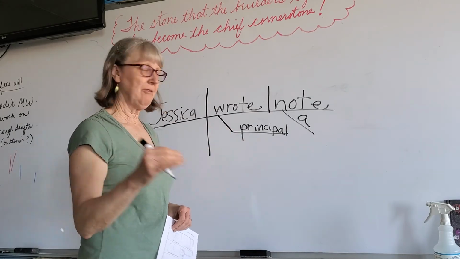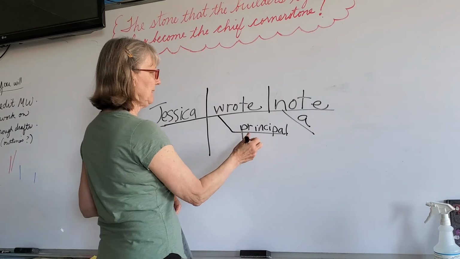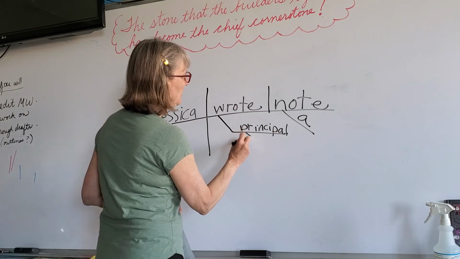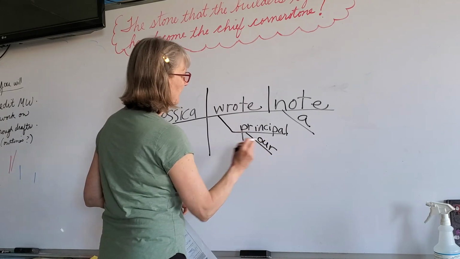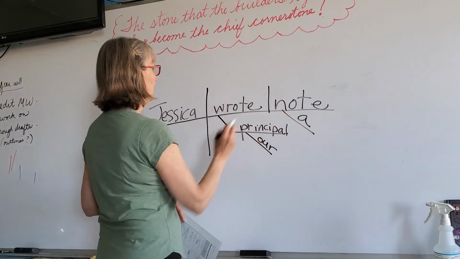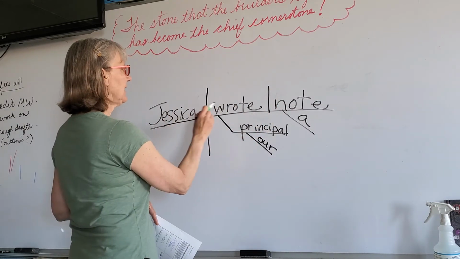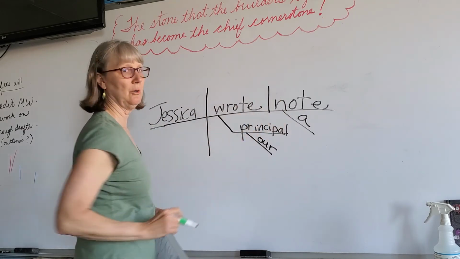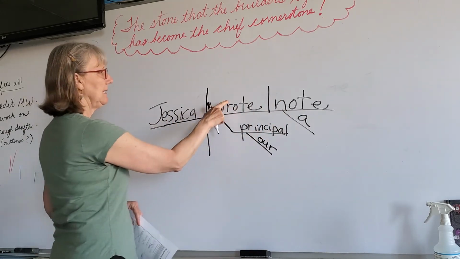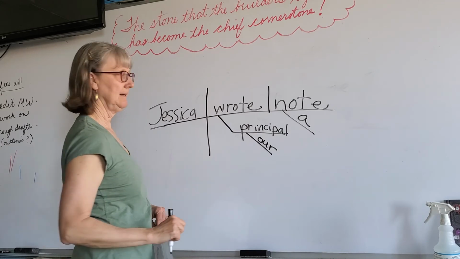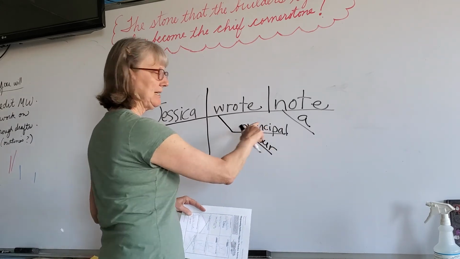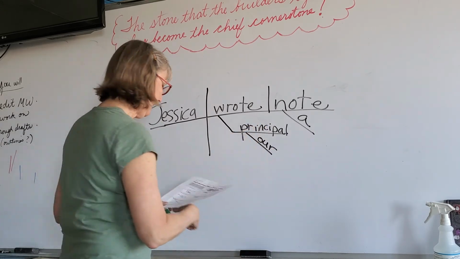Remember, adjectives go off their noun. So it's not just a principal, it's our principal. So we're going to slide this off of here. Okay? Jessica wrote a note. Jessica wrote a note to our principal. The sentence is, Jessica wrote our principal a note. Simple subject, verb, direct object. Indirect object, right there. Okay?